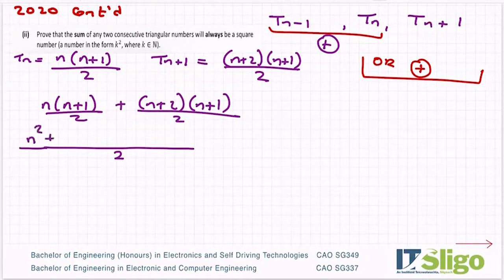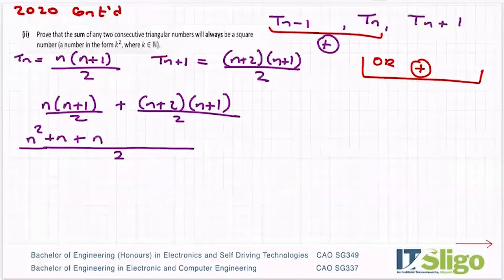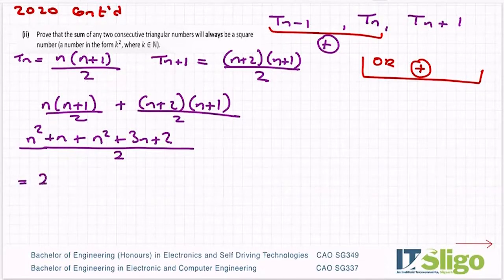So I get n squared plus n, and I'm going to see where it brings me. This side, well, it's going to be what I factorized, n squared plus 3n plus 2. Okay, so let's tidy it up. I have 2n squared plus 4n plus 2 all over 2.